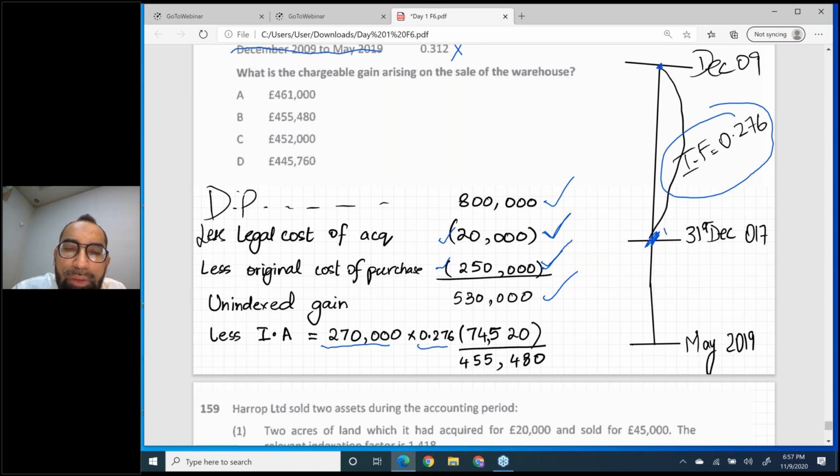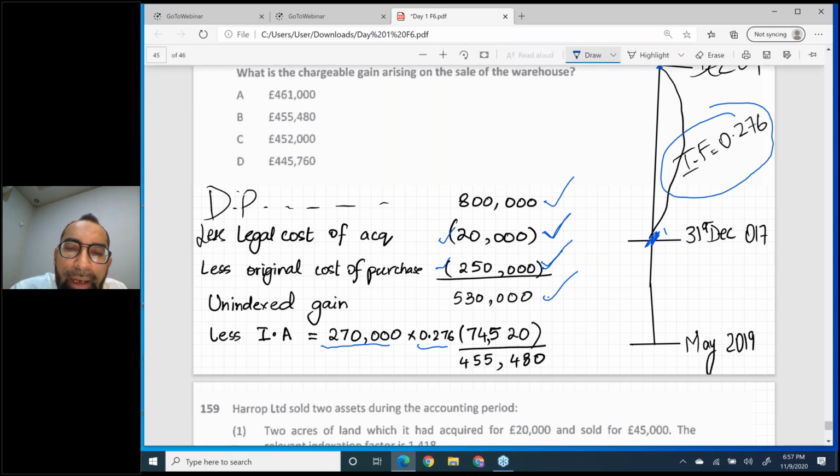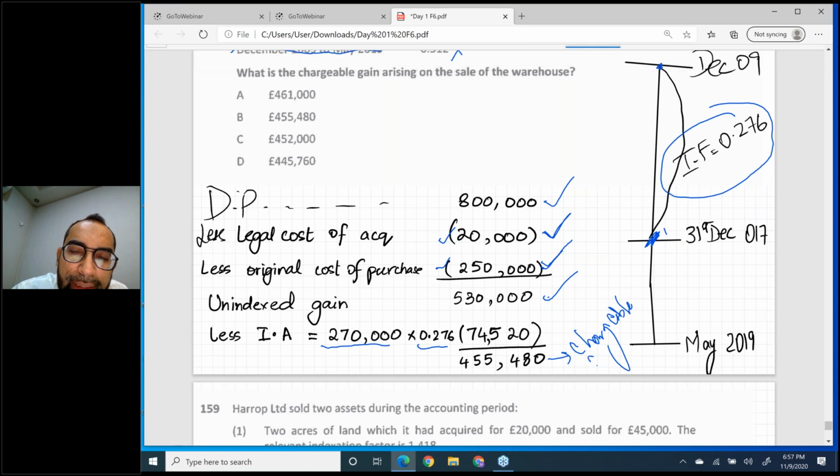When you multiply these, you will get 74,520. Now 530,000 less 74,520 is your final chargeable gain. So your answer is 455,480.